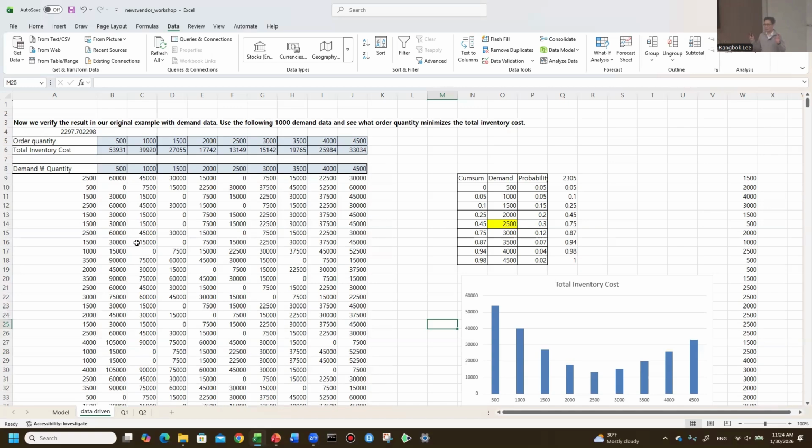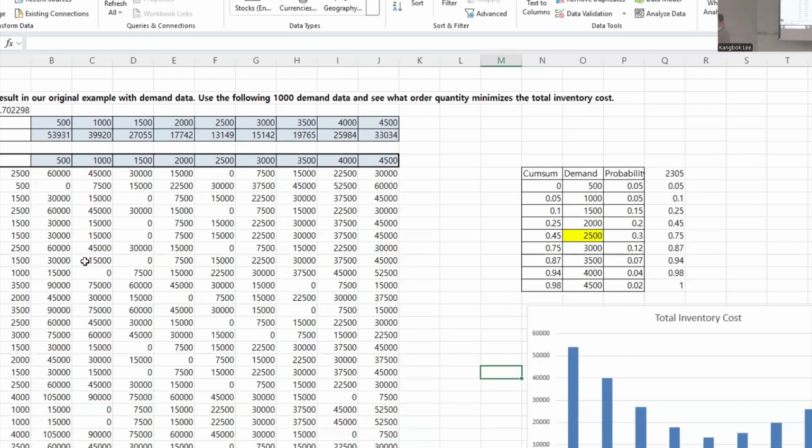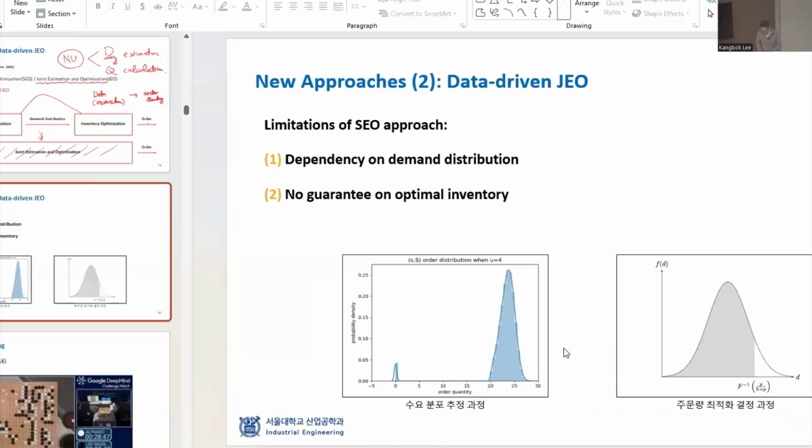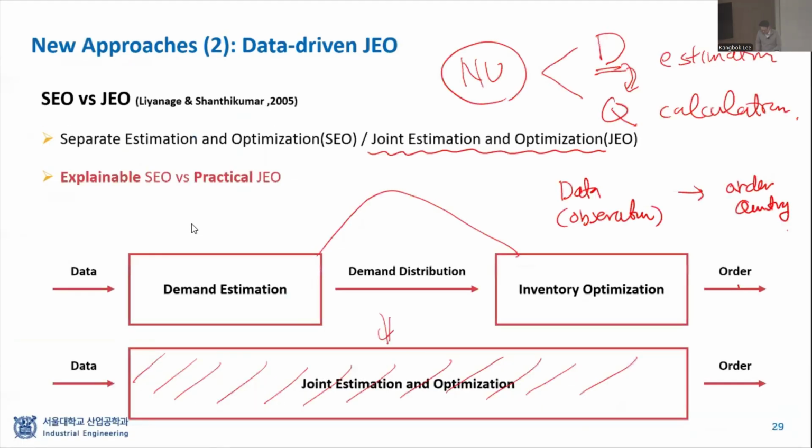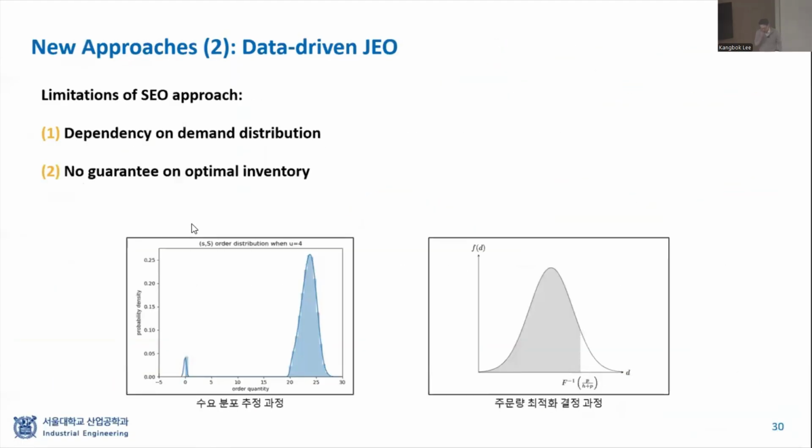Just simple averaging would suffice for us to obtain the optimal order quantity of 2,500 here. For more complex cases, we have to resort to another technique called joint optimization. And let's talk about the good thing about this.